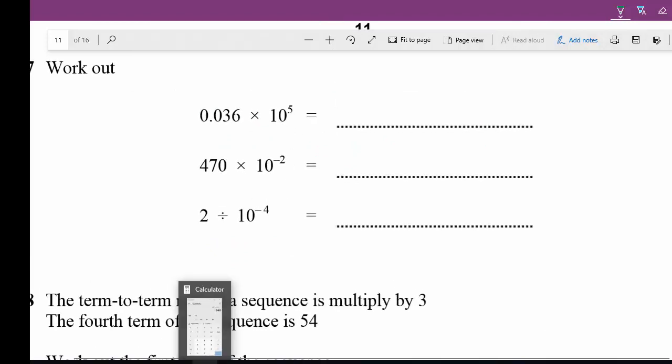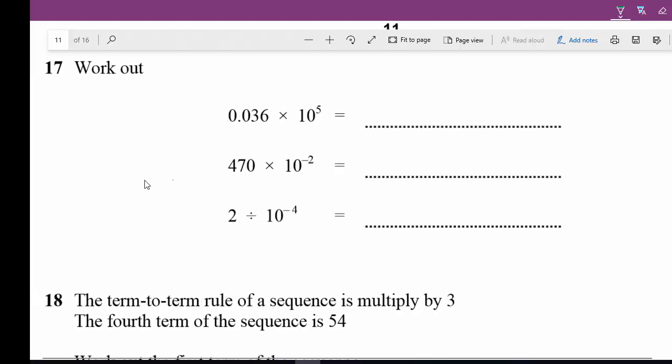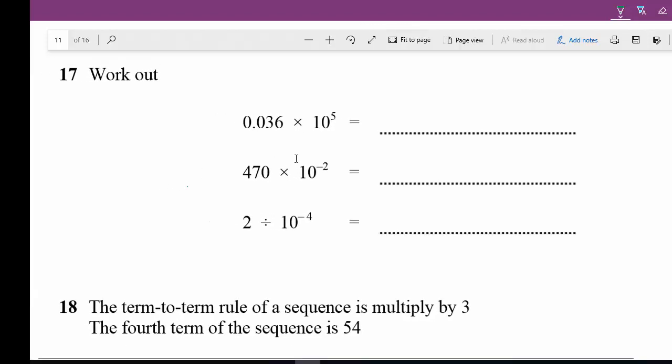Whenever you multiply a number with a decimal part by powers of 10, you just get this many zeros, or you release this many numbers from the decimal part.